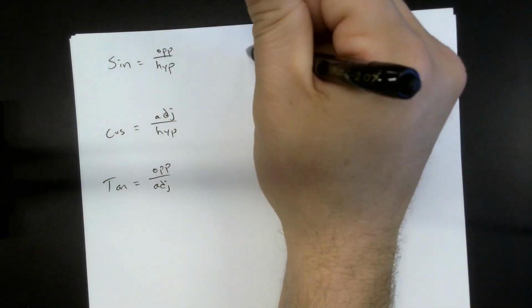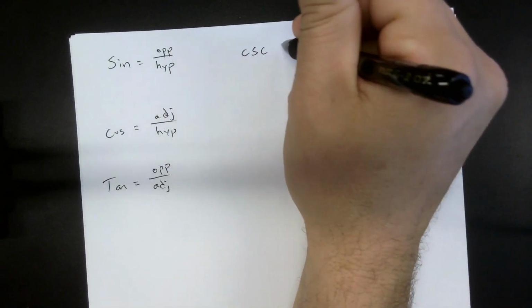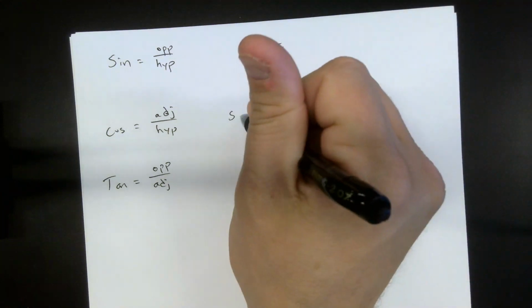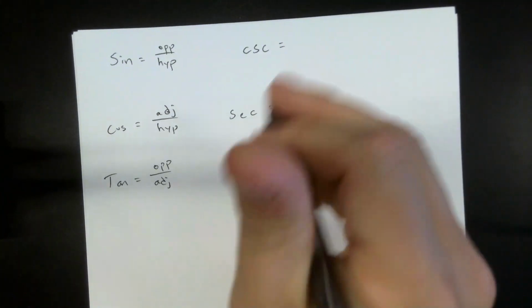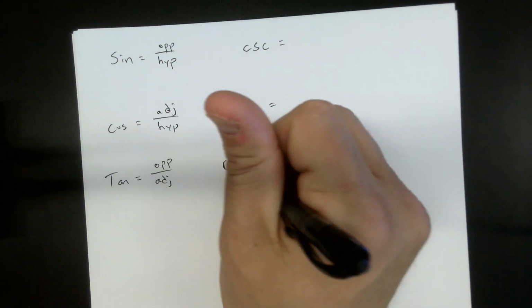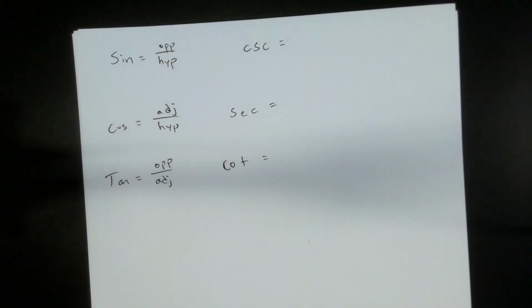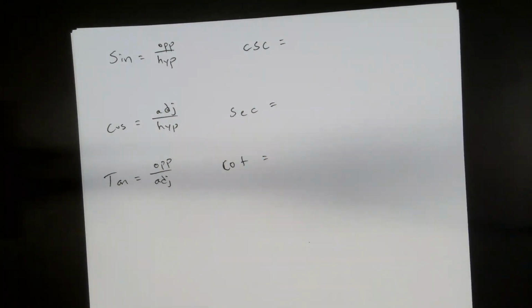The other 3 trig functions: the first is called cosecant, the next one's called secant, and the next one's called cotangent. I'm just going to show you the abbreviations so that you can have them.